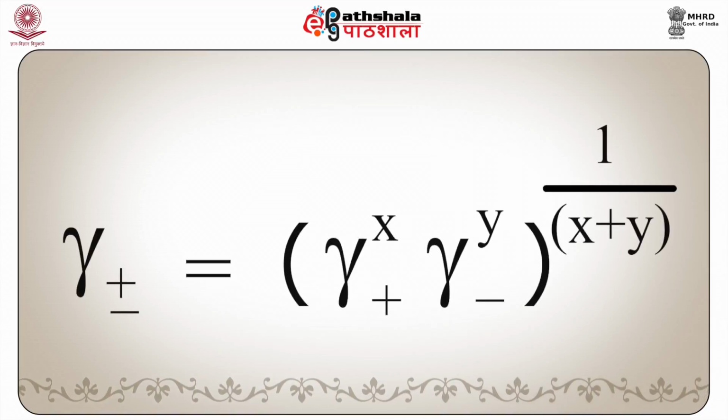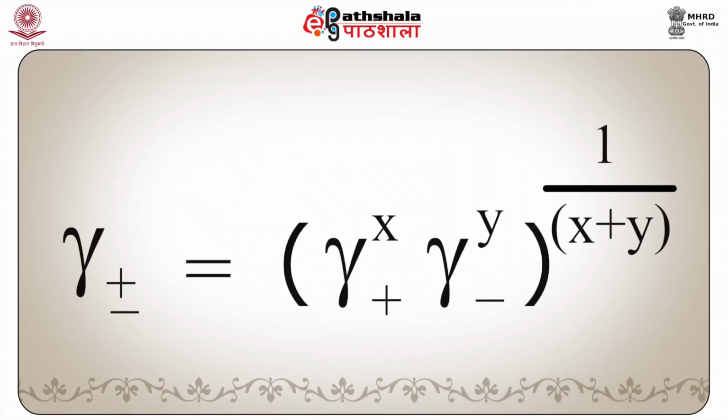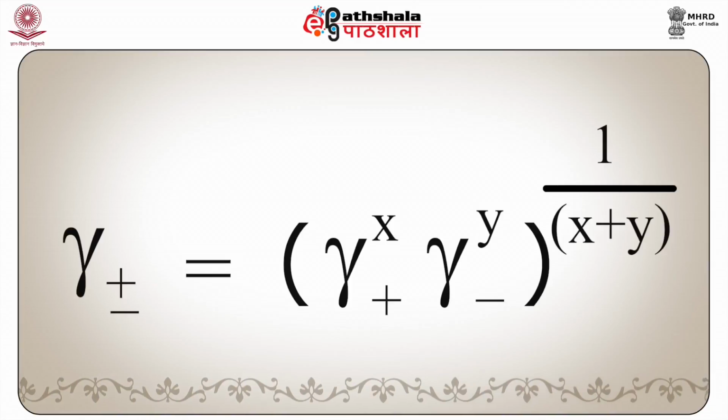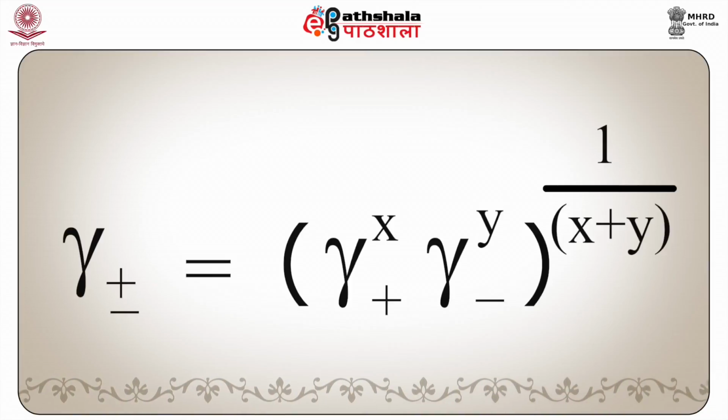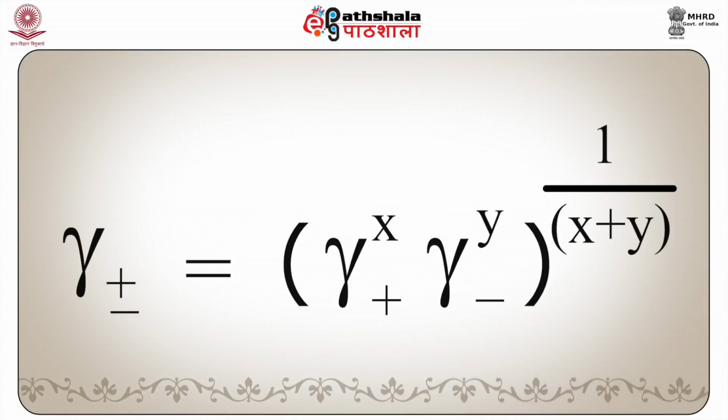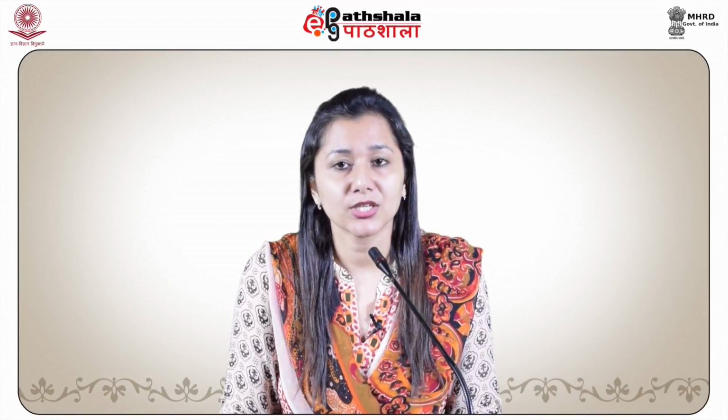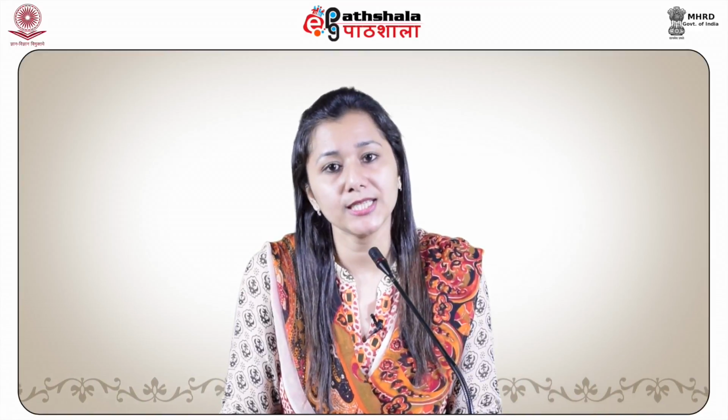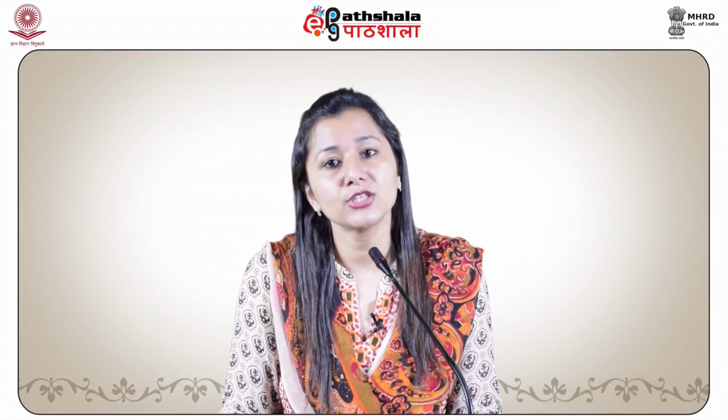Mean ionic activity coefficient gamma plus minus is equal to gamma plus to the power x into gamma minus to the power y, whole raised to the power 1 upon x plus y. We measure activity through experiments such as by measuring colligative properties, which include osmotic pressure, depression in freezing point, etc.